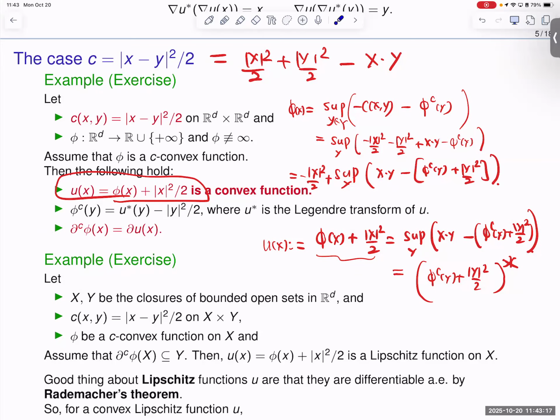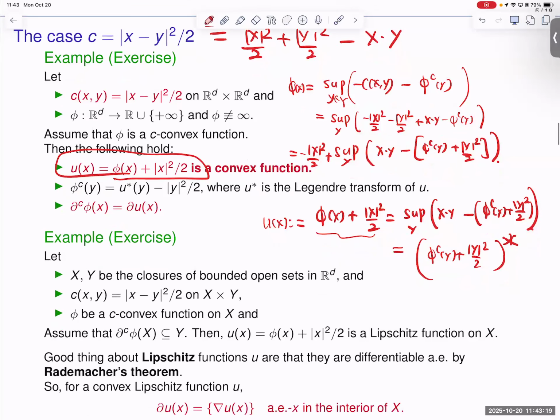You can just look at the definition here. To understand that, you can look at phi of x plus phi c of y equal to negative c of x, y. And for that you have to consider, let's say, u of x plus u star of y equal to x dot y. So you just compare those x and y satisfying these two equations. And the claim is they are exactly the same.